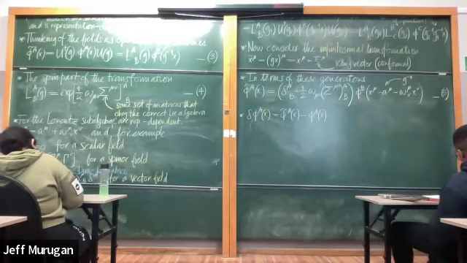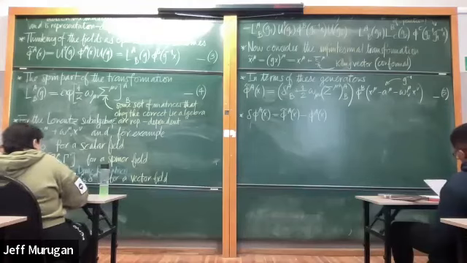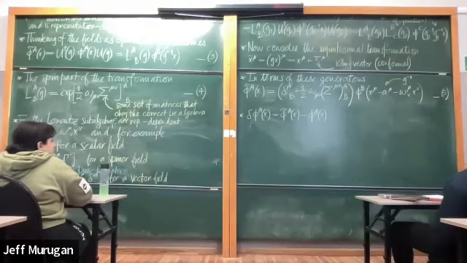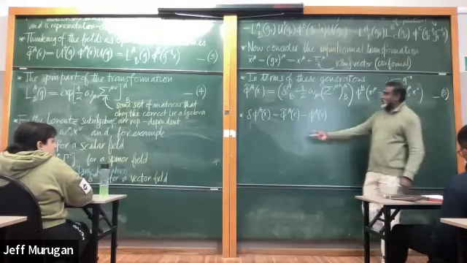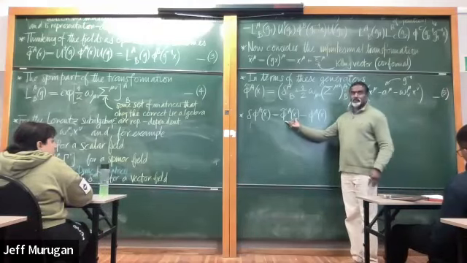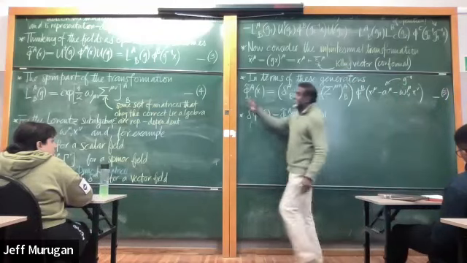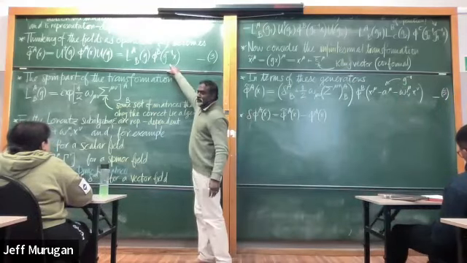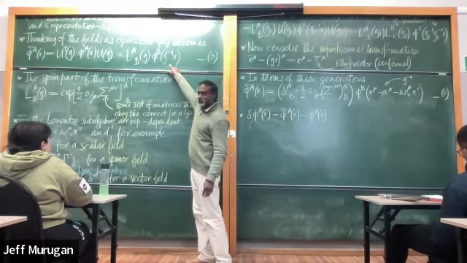The reason we want to do this is because we want to be able to read off the action of the generators on the fields. The first point to note is that phi A tilde of x and phi A of x are not evaluated at the same point in space-time. Even though phi A tilde is a function of x, it's really evaluated at g inverse x, and that's a different point in space-time.